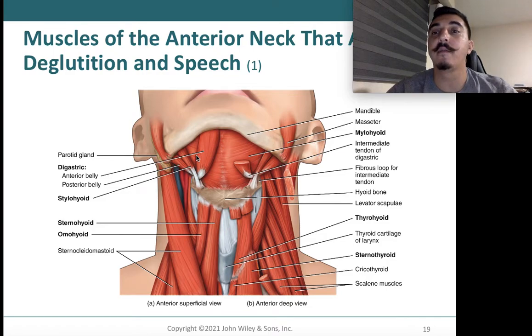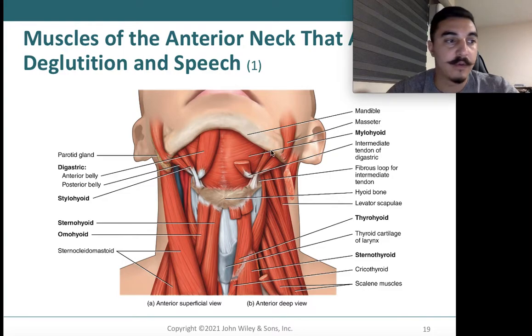See how it elevated there? Kind of move to the top. The stylohyoid will also elevate the hyoid bone and draw it posteriorly. So here's our stylohyoid as well. Kind of attached to our hyoid bone. Stylohyoid attached to the hyoid.